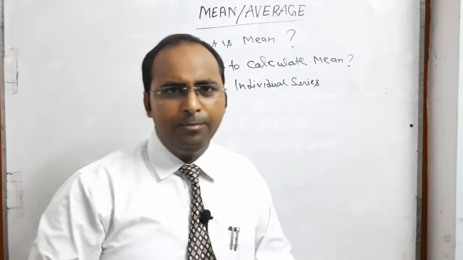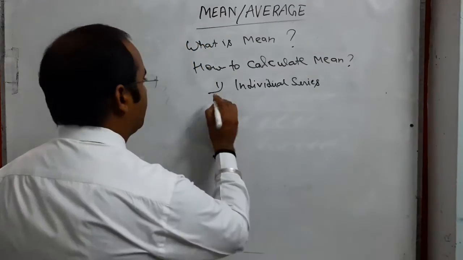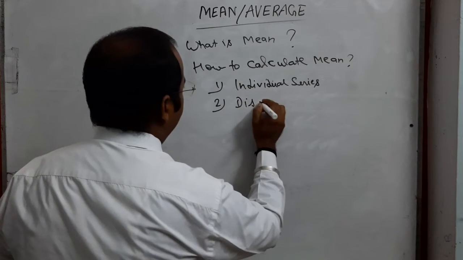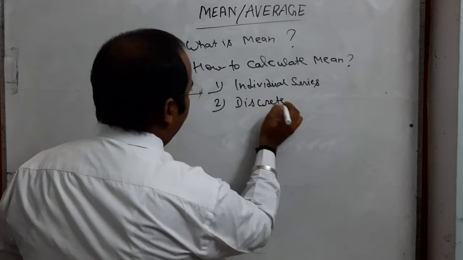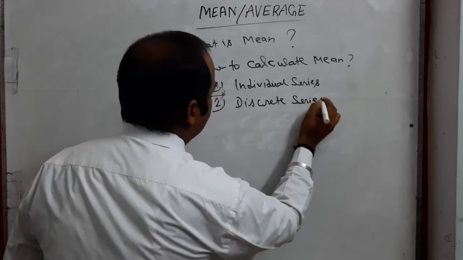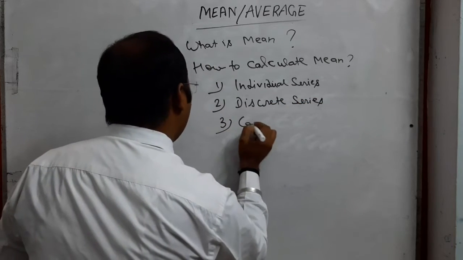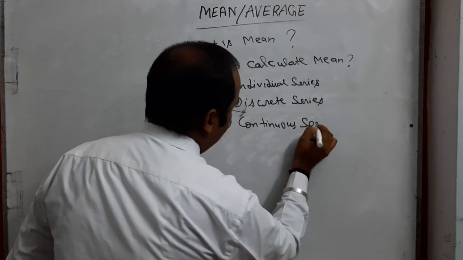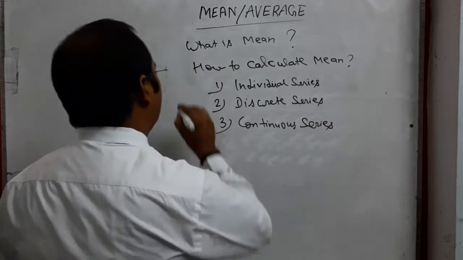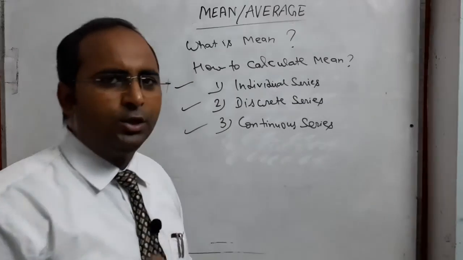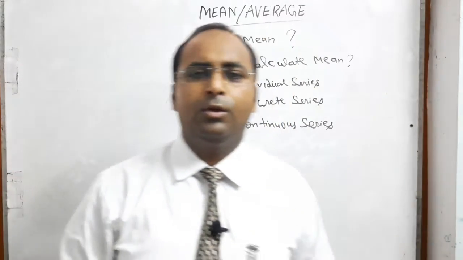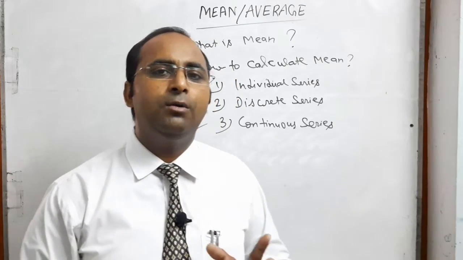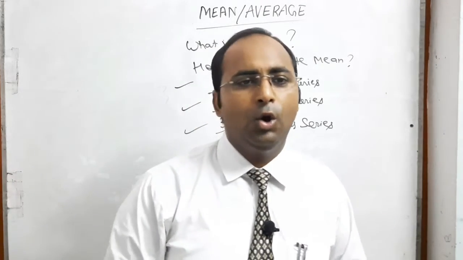Next, discrete series. Next, continuous series. 1, 2, 3, three series are given here. You can calculate in each series by two methods of calculation.